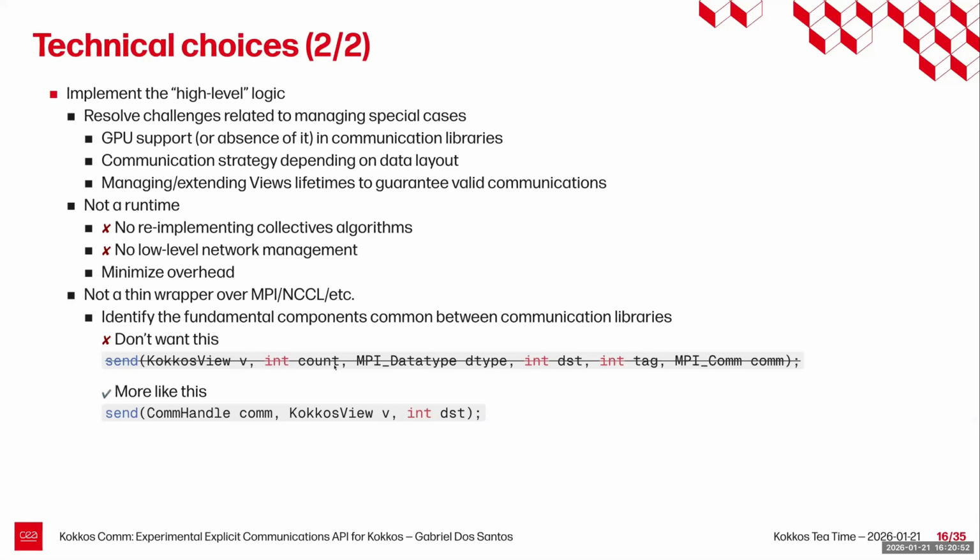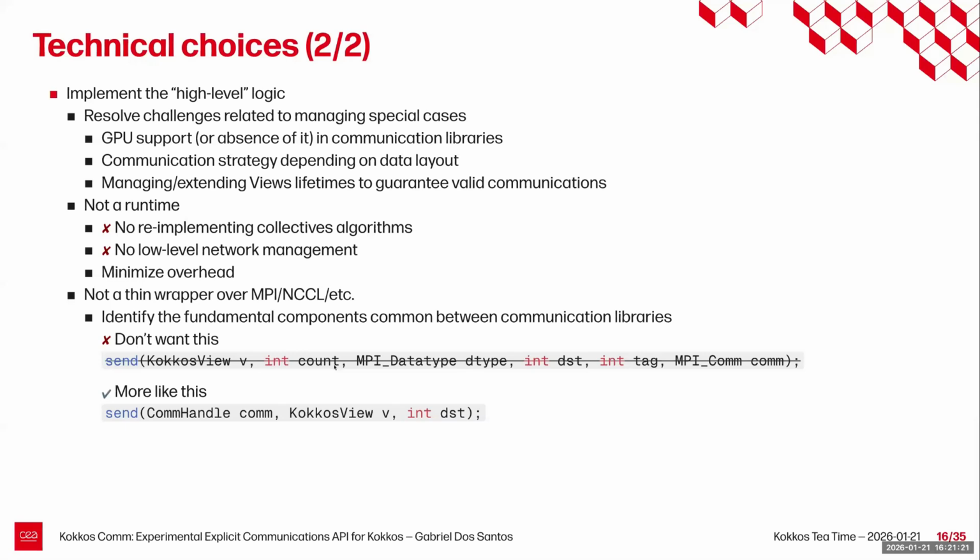However, we don't want to be a thin wrapper over MPI or NCCL, for example. So we really want to identify what the fundamental components are in the different communication libraries. We don't want to have an API where we pass, for example, here in send, a Kokkos view, a count, a data type, a destination, a tag, and a communicator object. We want to try to wrap some of these and eliminate what's not needed.